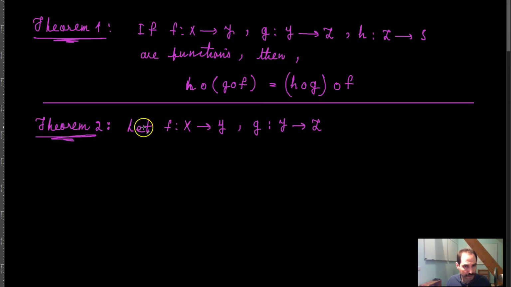Now, based on that, we are saying that let f be a function from x to y and g be a function from y to z, meaning that y and y are the same sets here, and let these two be two invertible functions.